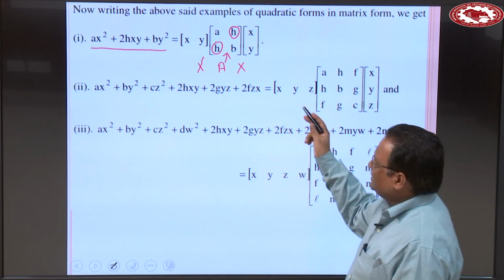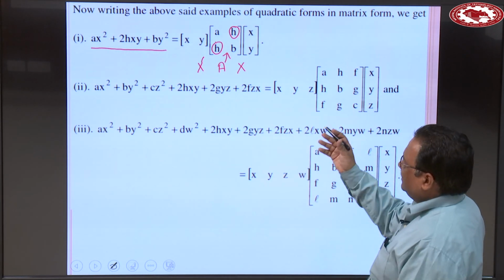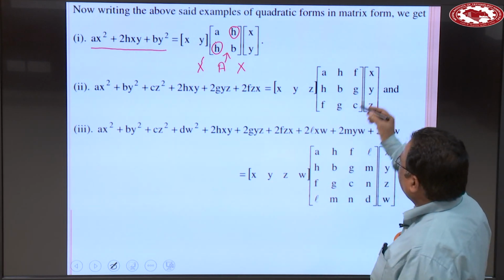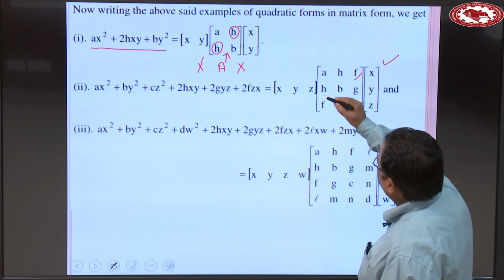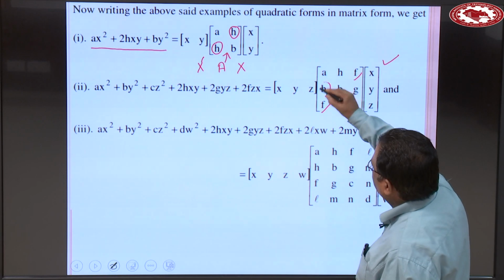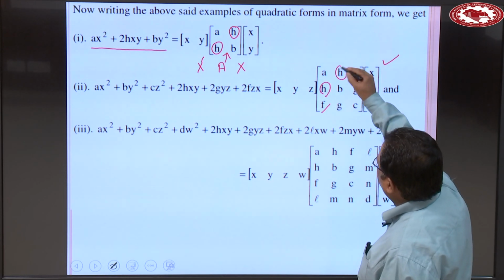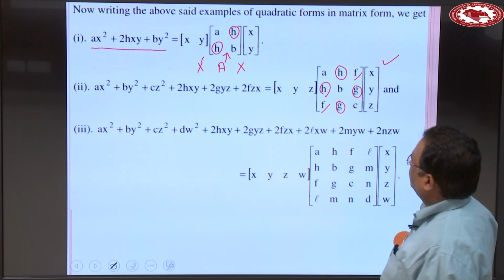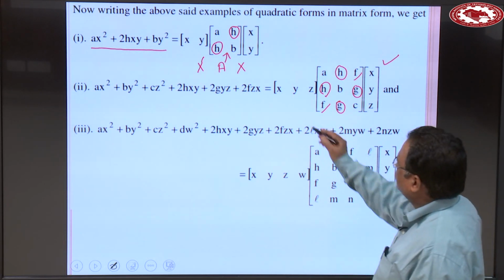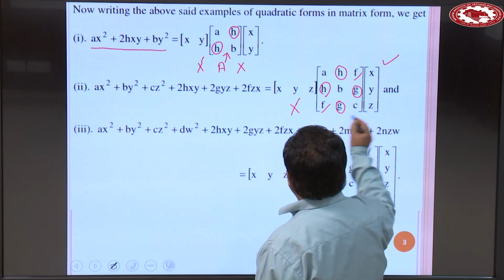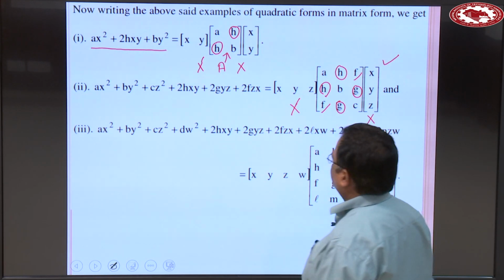Similarly, this one is a quadratic form, and in x dash Ax we can write it this way: h, f, f, h, h, g, g. A symmetric matrix, with x dash and x.